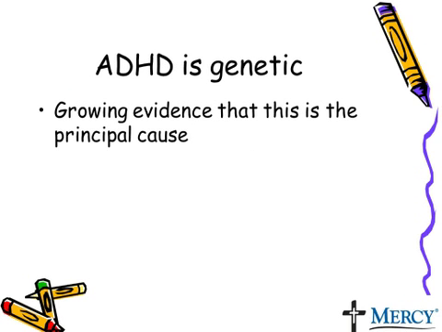We know that, again, as Dr. Eyanson mentioned, the growing evidence is that ADHD is genetic. It's inherited. If one child in the family has ADHD, there's a 25 to 35% chance that one of the siblings will be affected.